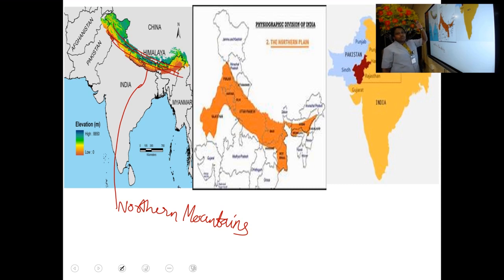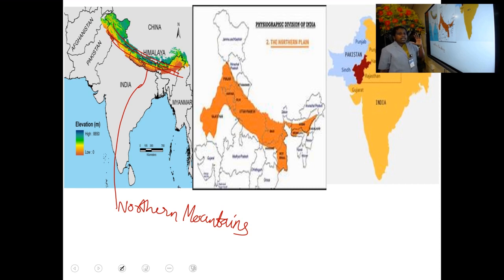Then the Himalayas or the northern mountains have been divided into 3 parallel ranges. What is meant by range? Range means a group of mountains. So, the Himalayas have been divided into 3 ranges.